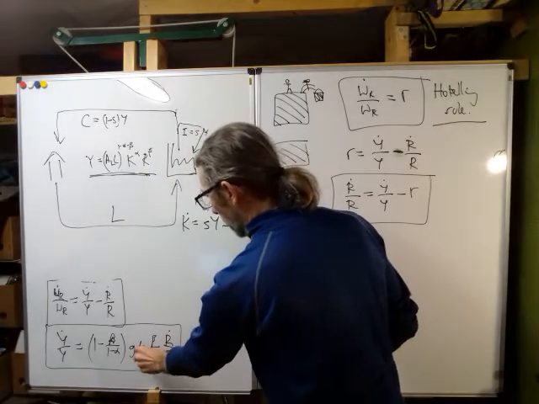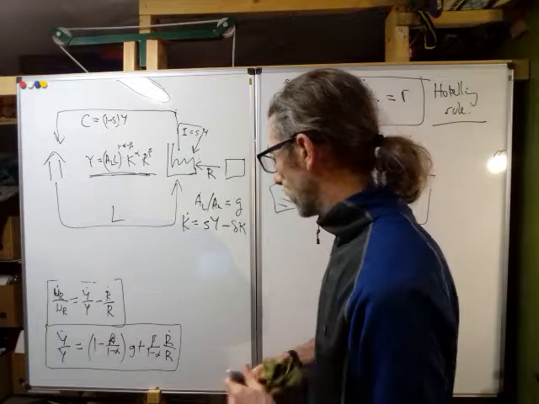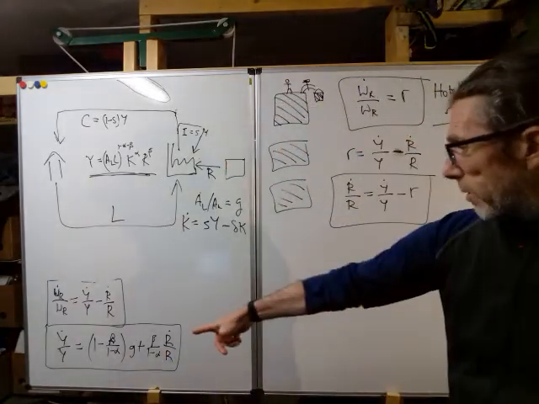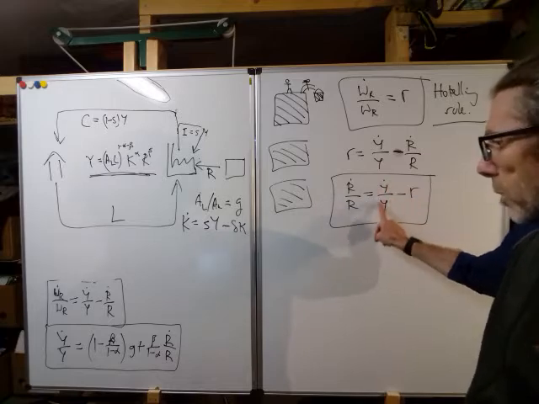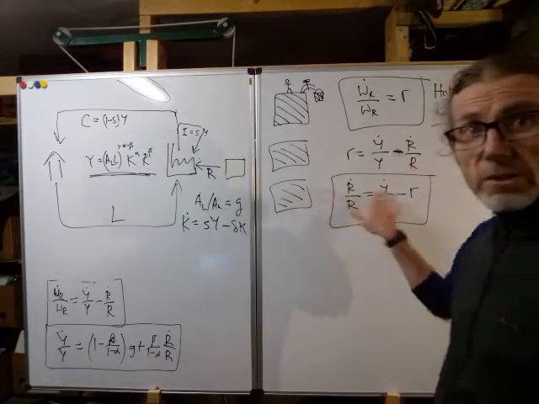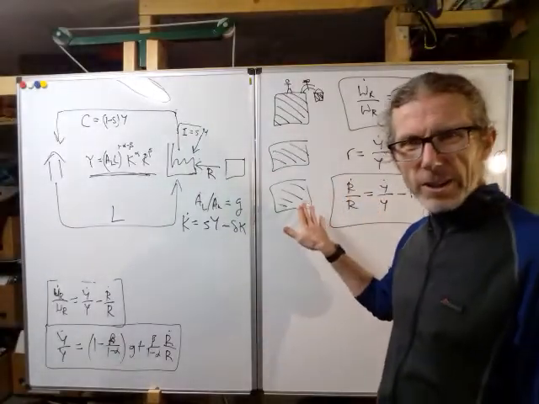Because r dot over r was minus theta, wasn't it? So now I can substitute from that for y dot over y, and then we have an equation just in r dot over r. That's our only unknown, isn't it?